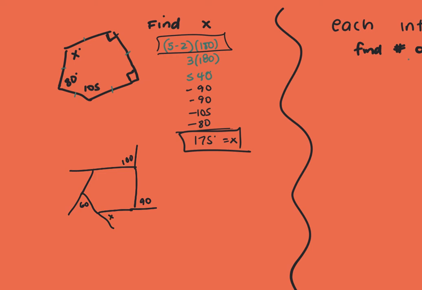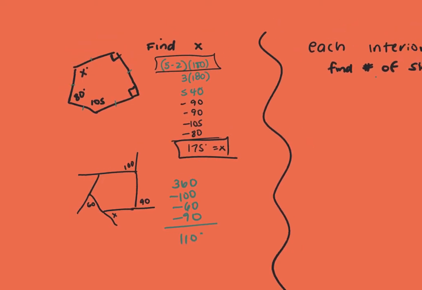You would know already that they have to add up to 360. So you would do 360 minus the 100 minus the 60 minus the 90. And you get 110 for that last one. So this would be exteriors, this would be interiors.